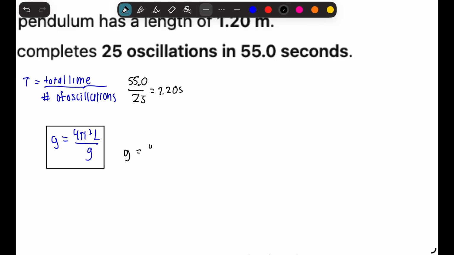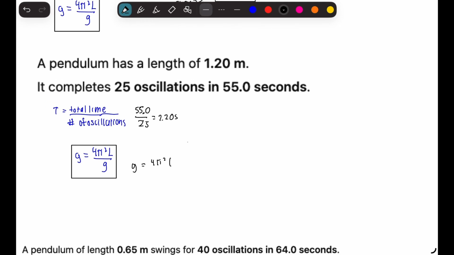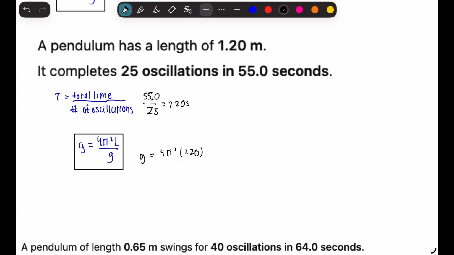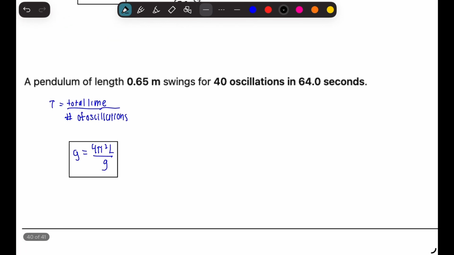You're going to have here 4 pi squared, length 1.20. All right. A pendulum of length 0.65 meters swings for 40 oscillations in 64 seconds. So we want to find period and G. So T is 64.0 divided by 40. That's 1.60 seconds.